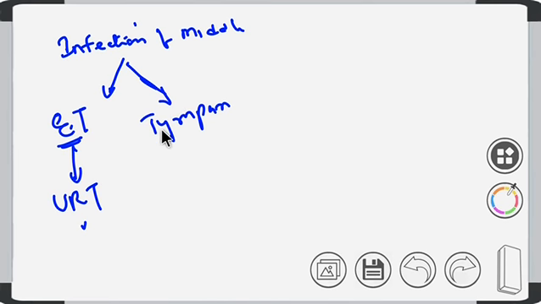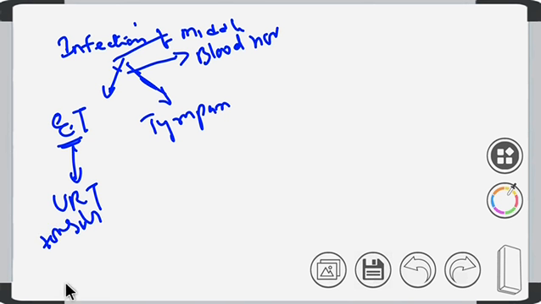So this is how it develops. Very rarely it can also develop from blood-borne spread. Not only upper respiratory tract infection, even infections of the tonsils, nasal allergy, and tumors of the nasopharynx can cause this.